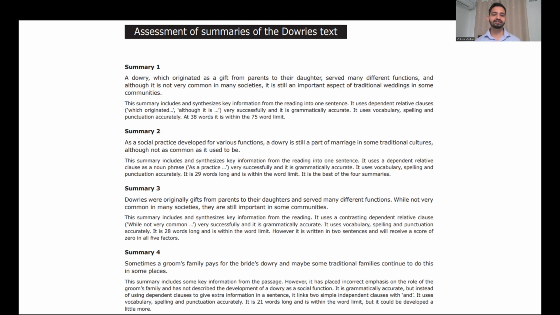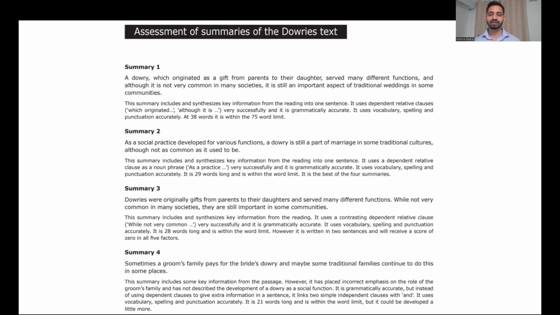The explanation here is: this summary includes and synthesizes key information from the reading into one sentence. It uses a dependent relative clause as a noun phrase, as a practice, very successfully, and it is grammatically accurate.